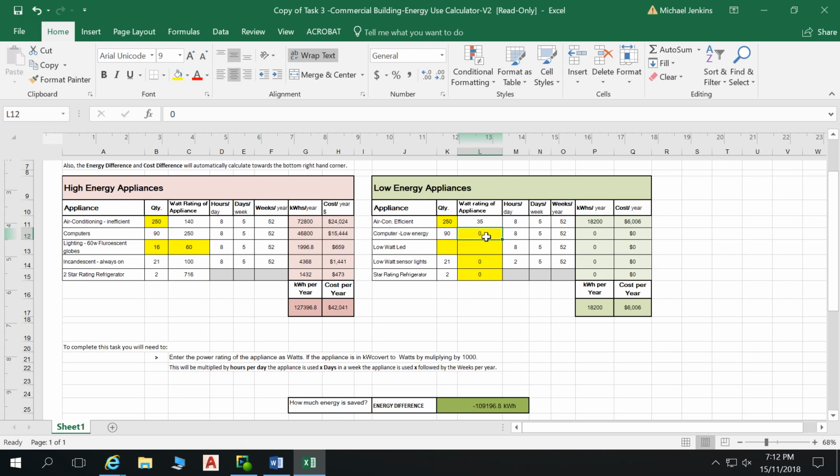So let's say we're going to be using an efficient laptop or a tablet or something. We'll put in 19 watts there. So our 90 computers at 250 watts, it's going to cost 15,444 per annum. But if we use laptops instead, then it's going to be that 19.